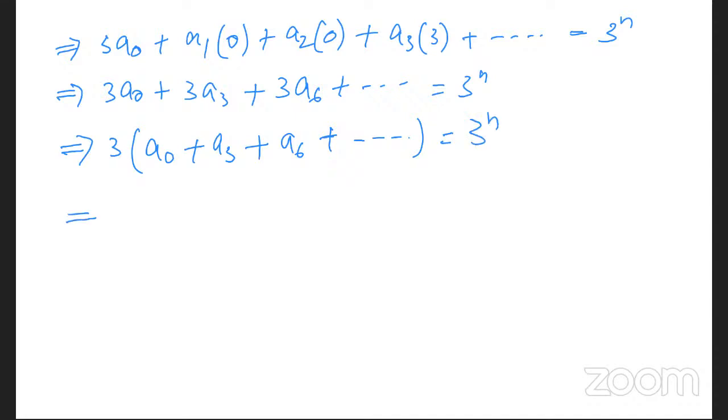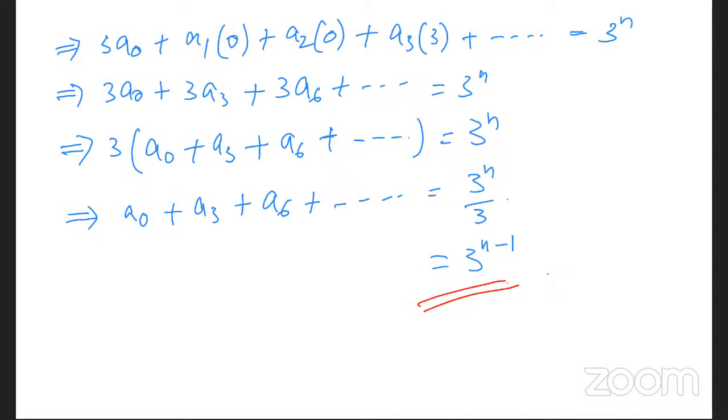If we take this 3 to the RHS, we'll have 3 to the power of n by 3. So this will be a naught plus a3 plus a6 plus so on is equal to 3 to the power of n by 3, which is equal to 3 to the power of n minus 1.